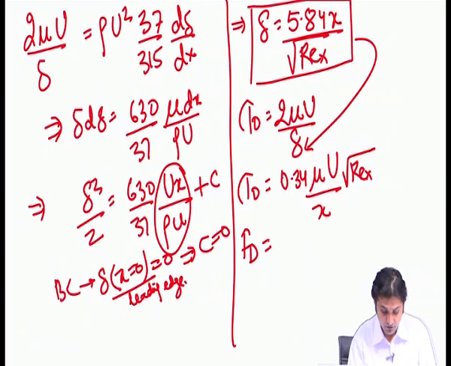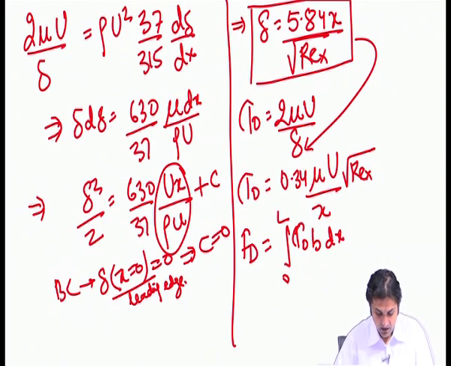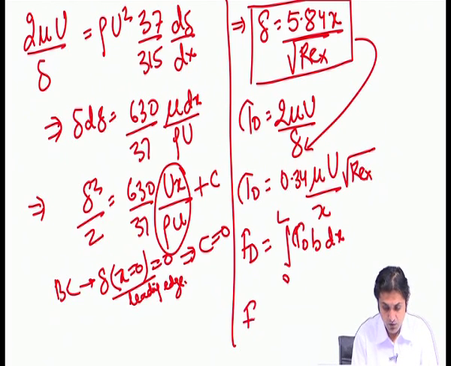All right, now the drag force is simply the integral from 0 to L of tau naught b dx. If you substitute tau naught in terms of x, you are going to find out, I think you do this at home.